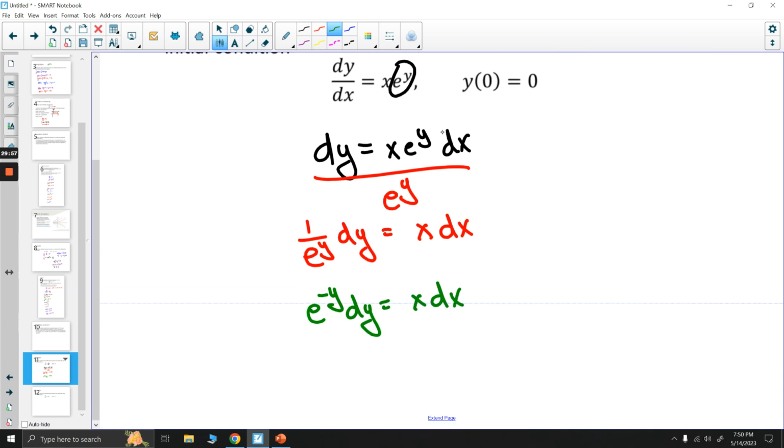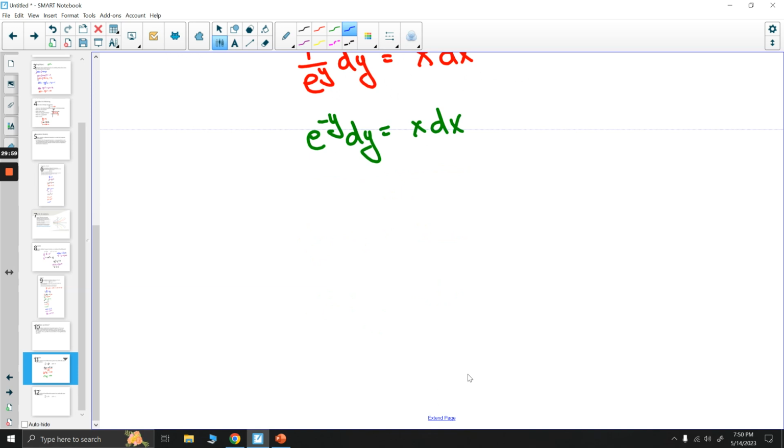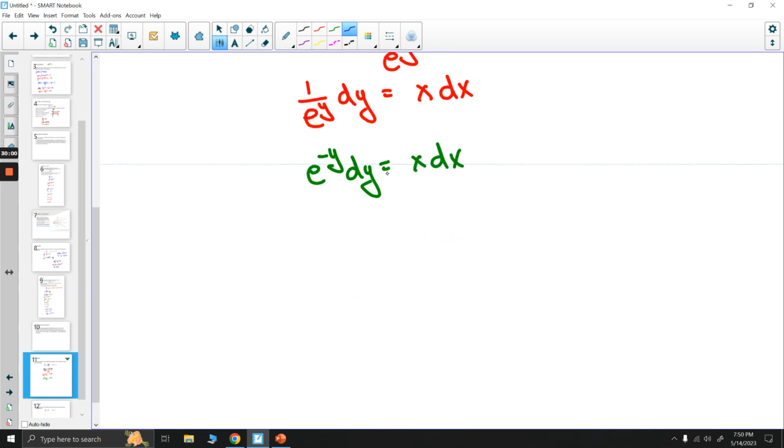All right, so now what we need to do is integrate this. We have separated them. We're going to integrate both sides. The integral of e to the negative y is going to be e to the negative y times negative 1, which is equal to x squared plus some c.